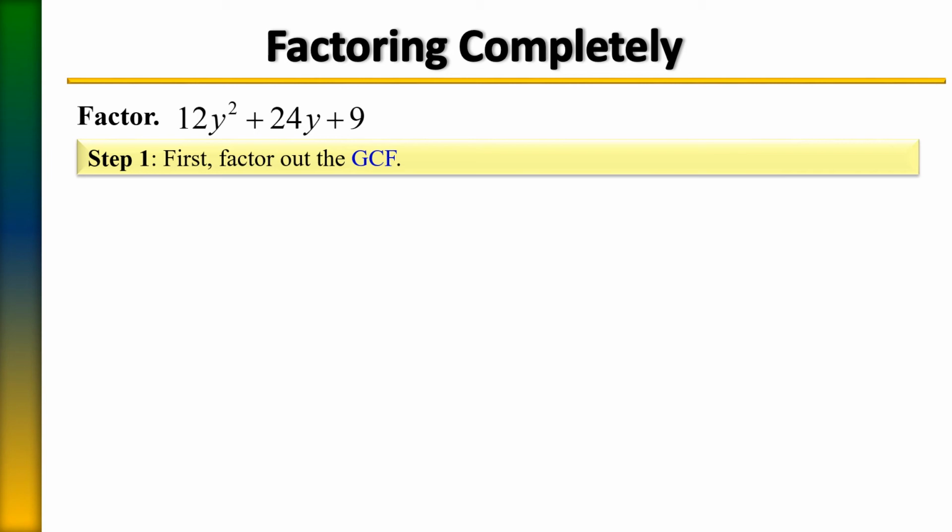So we have to look deeper inside that 9 and see 3 times 3 is 9. So let's check and see if there's a 3 they all share. Is there a 3 in 12? Yes. Is there a 3 in 24? Yes. And we already know there's a 3 in 9.